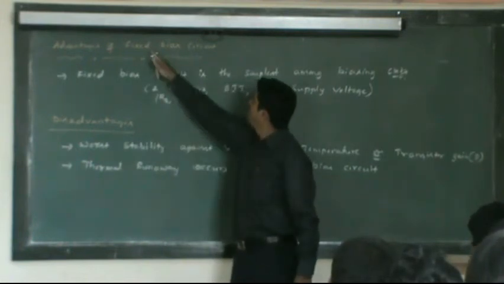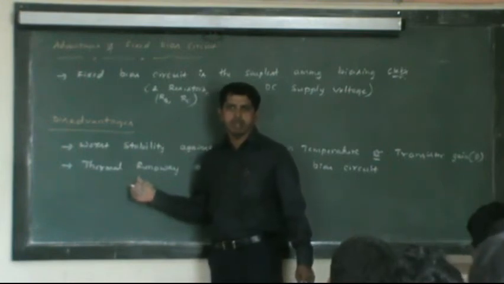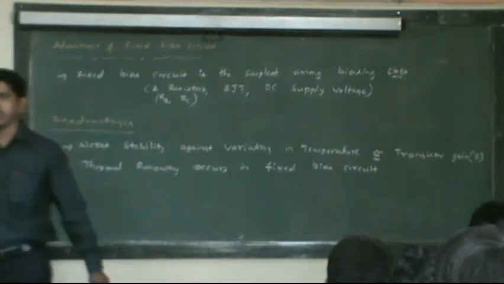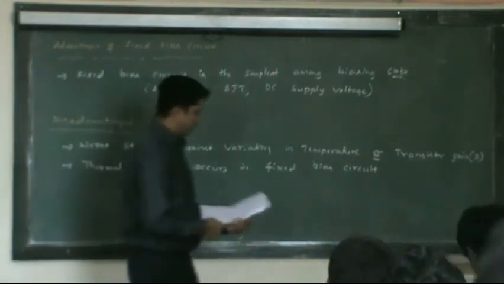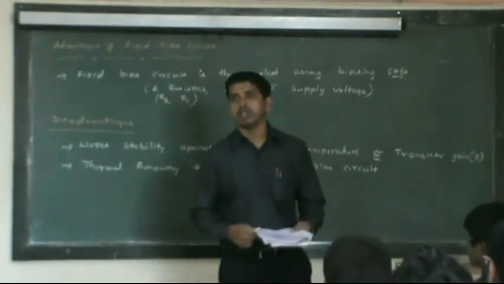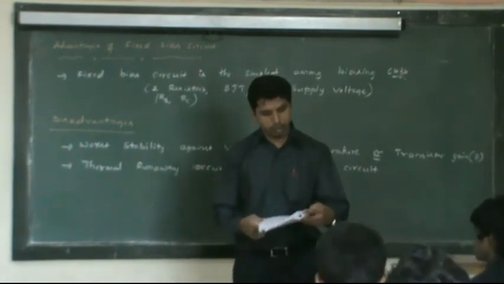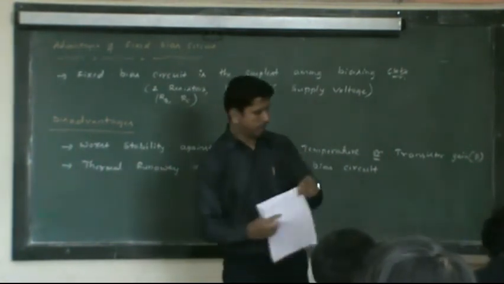But one of the main drawbacks of the fixed bias circuit is that it is prone to thermal runaway. These are all the advantages and the disadvantages of the fixed bias circuit. In tomorrow's class we will take up some problems, one problem on this, along with the next type of bias circuit, the self bias circuit.